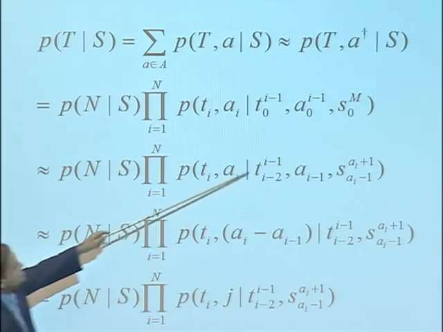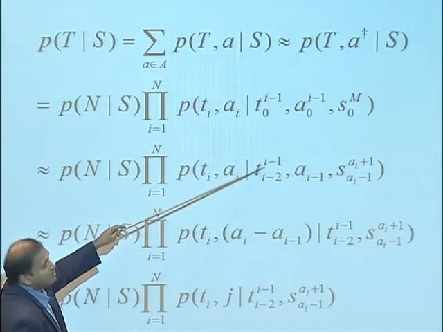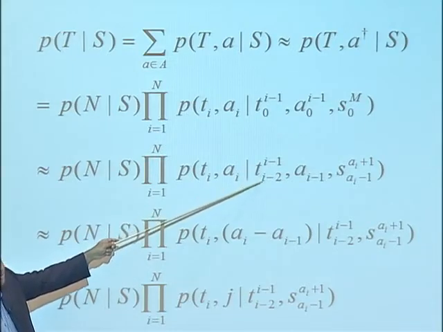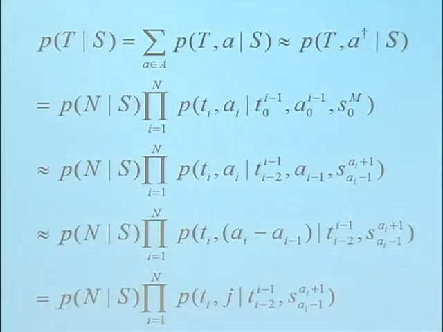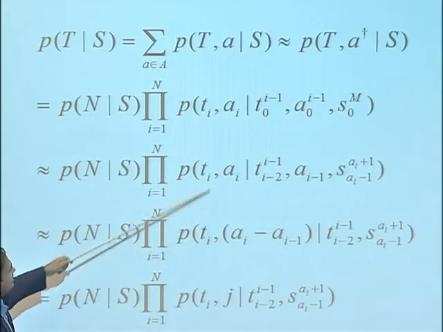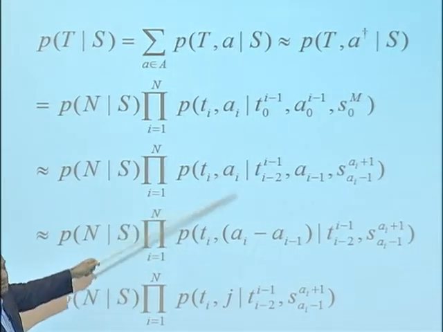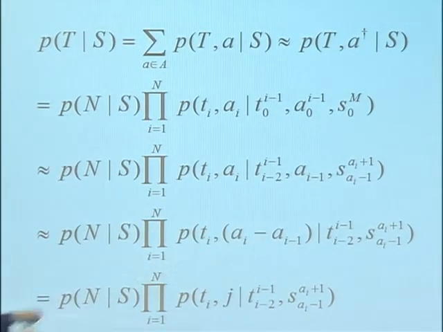So we'll restrict ourselves to the window of source positions around the current generation that we're doing. Also, we'll restrict our target to be just the last couple of positions in the target. Typically, we run with 5 grams. So this is not I minus 1 and I minus 2, but it's the entire history according to the language model. Now, from here to here, the only difference is that, instead of looking at the absolute position, we're going to look at the relative difference between the current one and the previous one.